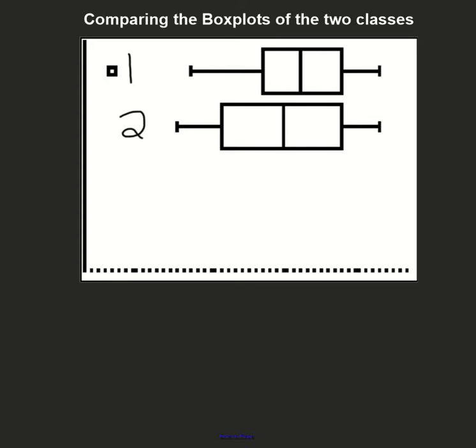The box is smaller, so the data is much closer to the median in the middle. The second set of data has a wider spread and a bigger box, which means its data is more spread out, not so densely located around the median. The top one is skewed more to the right, whereas this one is more evenly spread out across all the values.